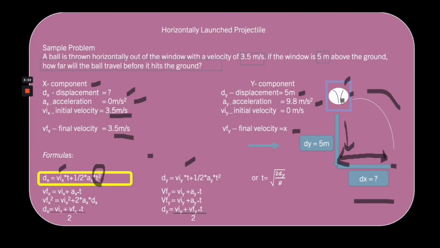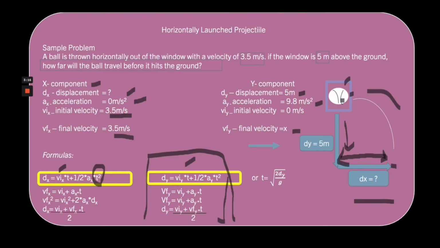Now let's take a look at the y component here, and look at what is given. We have dy, we have acceleration, we have initial velocity. So let's take a look at each equation. How can we solve time? Can we? Yes, of course we can, and the best equation we can choose is this one. We have a displacement y, that's 5 meter.